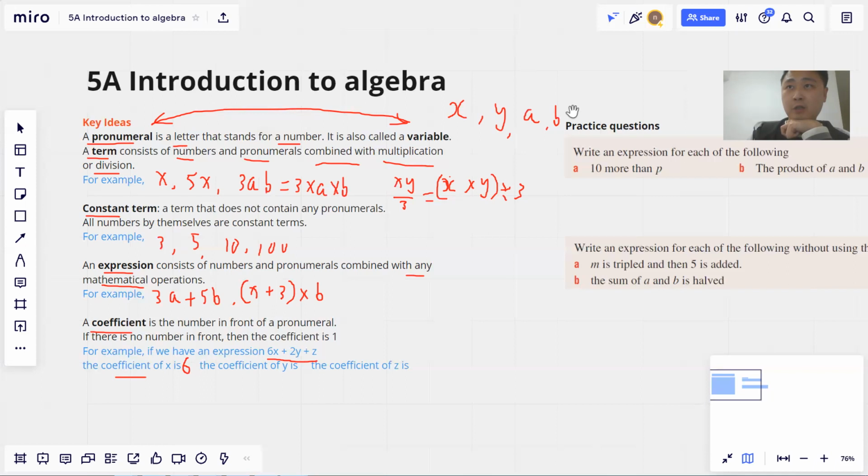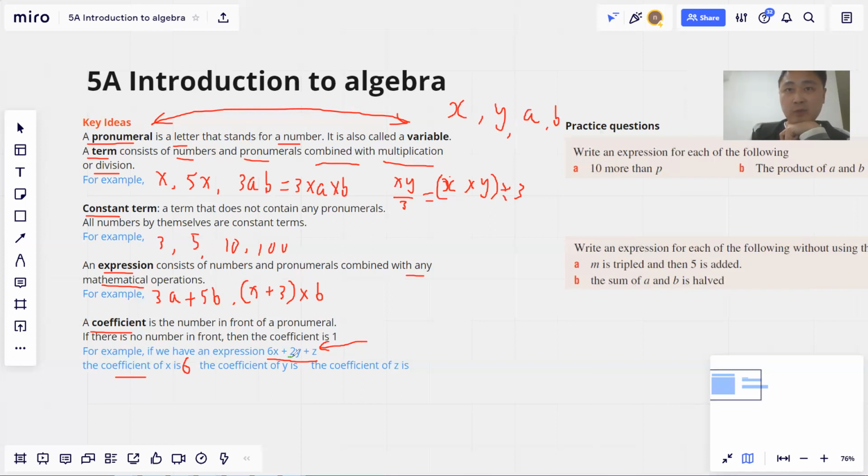So we want to get the coefficient of y. So we look at this expression here. This is an expression, so we just look at the number before y. The number before y is 2. I just use a different color.